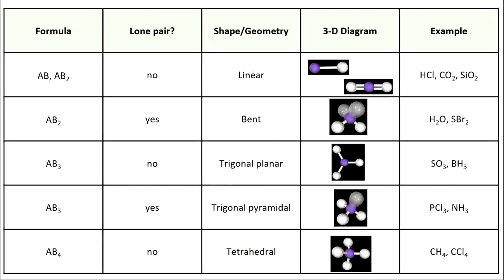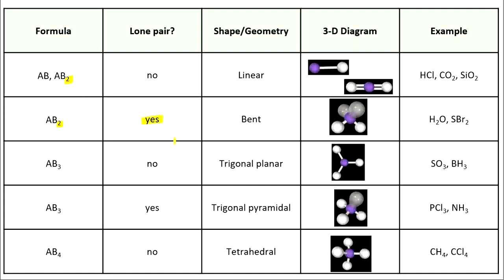These are the different shapes that you guys just explored: linear, bent, trigonal planar, trigonal pyramidal, and tetrahedral. Couple things to note here. Take a look at the general formula. The general formula for a linear shape or a bent shape molecule will always have two outside atoms. So how is a bent molecule different from a linear shaped molecule? It's the lone pairs.